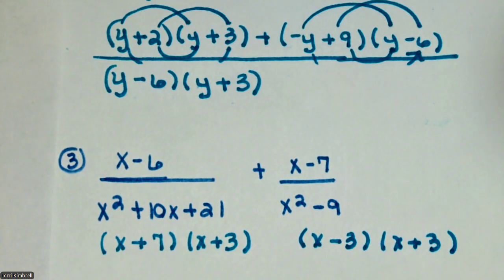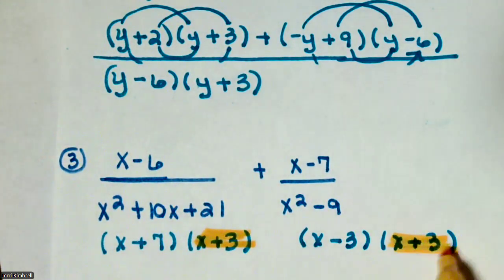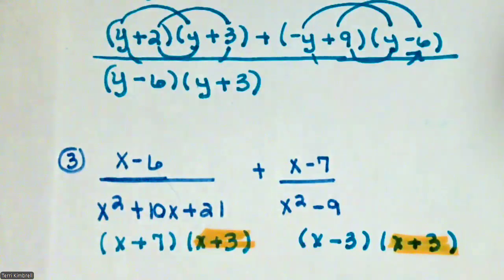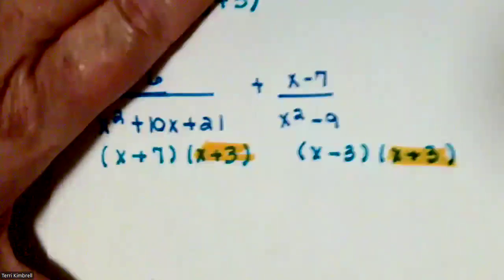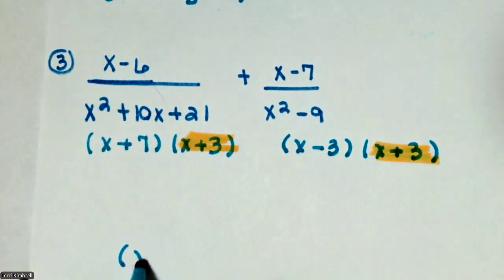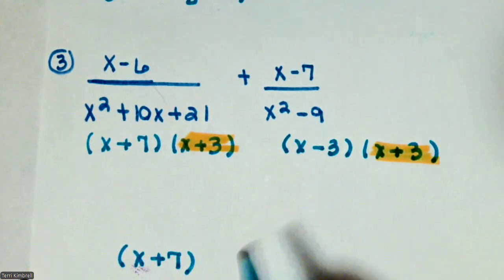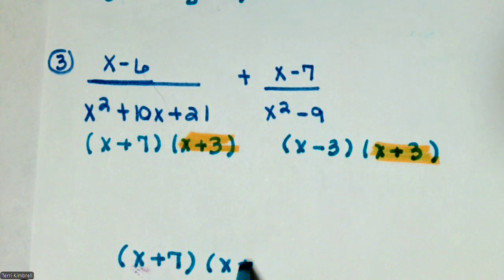Now, if they have anything the same, you count it one time. So notice that they have an x plus 3. So you're going to count it one time, and then you're going to put the others down. So our common denominator is going to be x plus 7. I count x plus 3 once because they share it. And then I have an x minus 3.